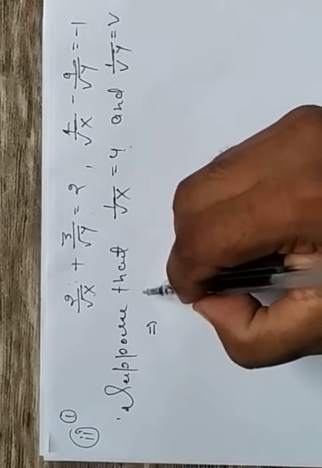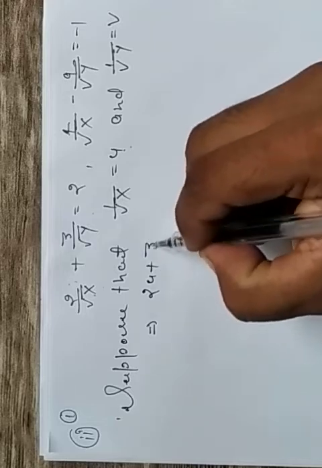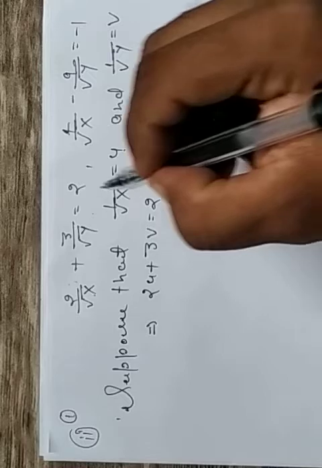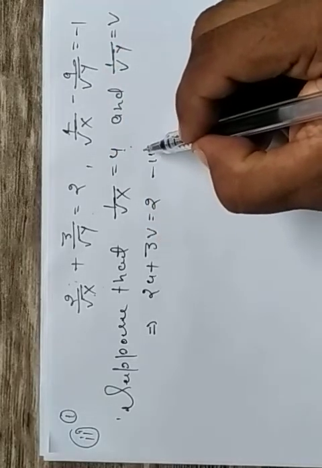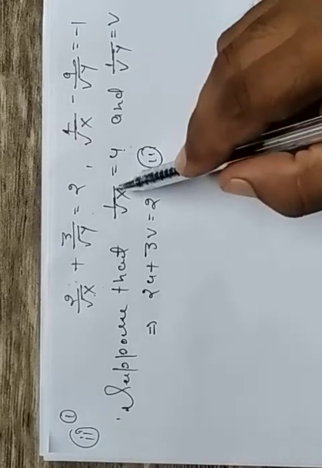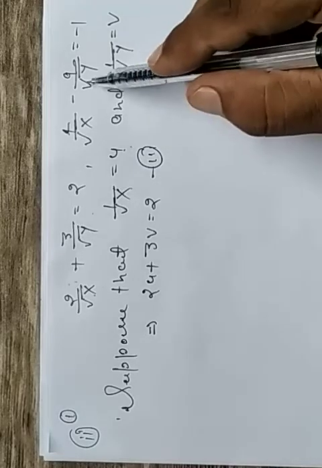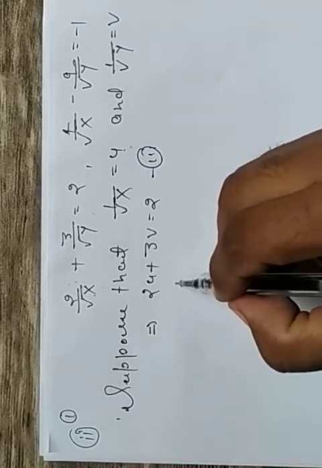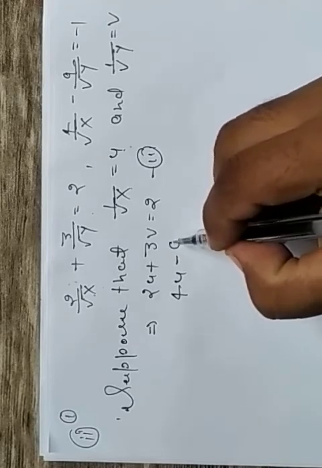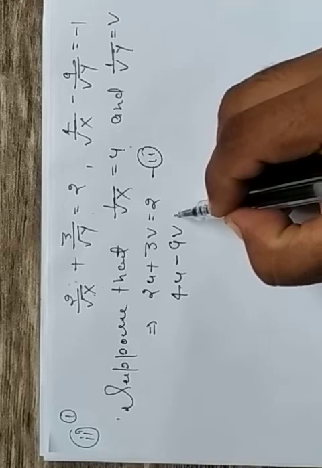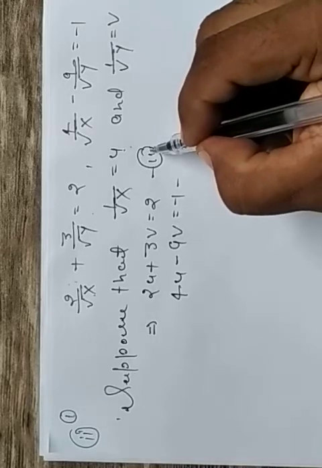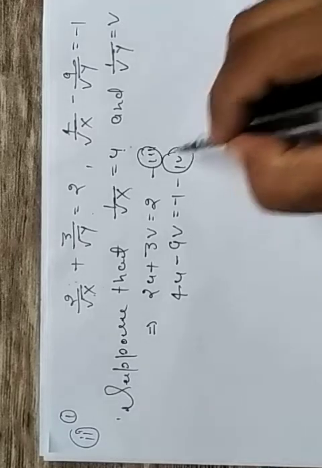Then it will be 2u plus 3v is equal to 3. Third equation. And when we put the value of 1 by root x and 1 by root y in second equation, then we will get 4u minus 9v is equal to minus 1.